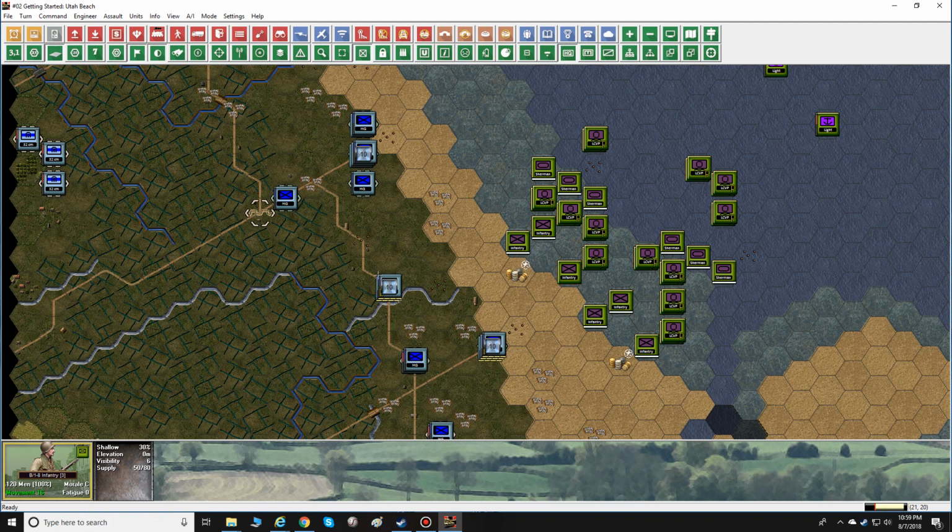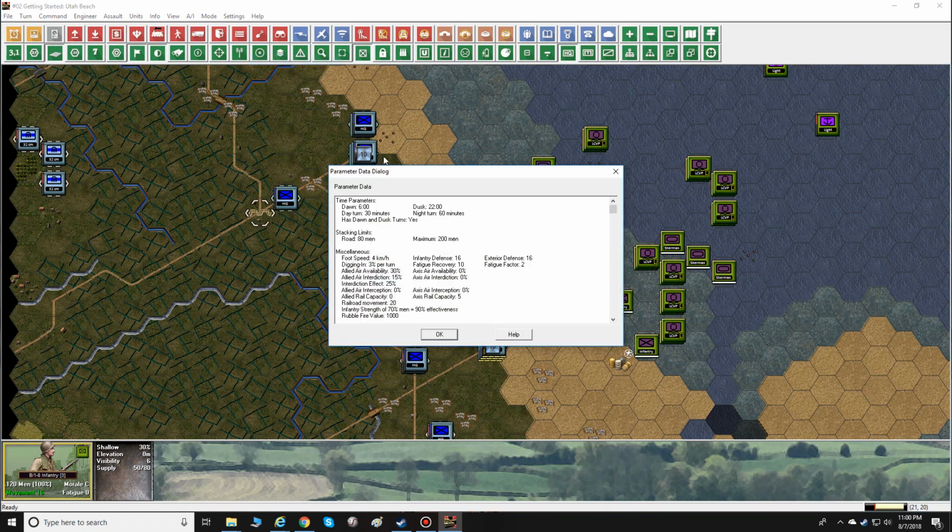But once you get to that number or above that number, then it's just too many men on the road to move, and they kind of jammed up, and so you don't get the road bonus anymore. So you can't move tons and tons of people in this scenario down that road in 30 minutes, which is what each turn represents. You can find that out by the parameter data, actually.